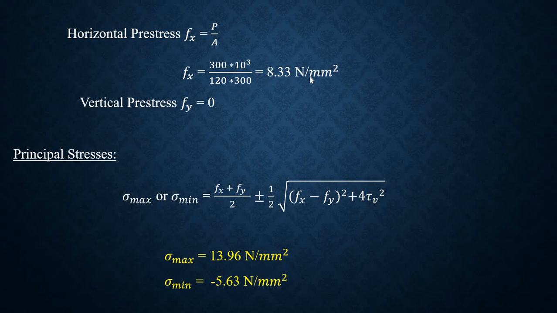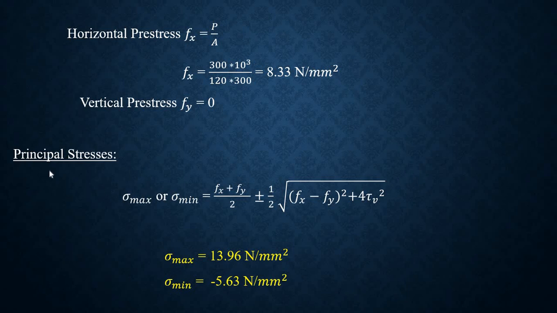We get 8.33 Newton per mm square as the horizontal pre-stress, and vertical pre-stress Fy is 0. Why is Fy 0 while Fx has a value? Because the beam is always pulled in a horizontal direction, not in a vertical direction. So for horizontal we have a value, for vertical it is 0.